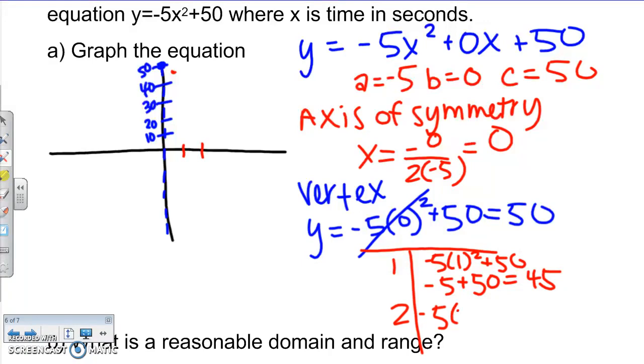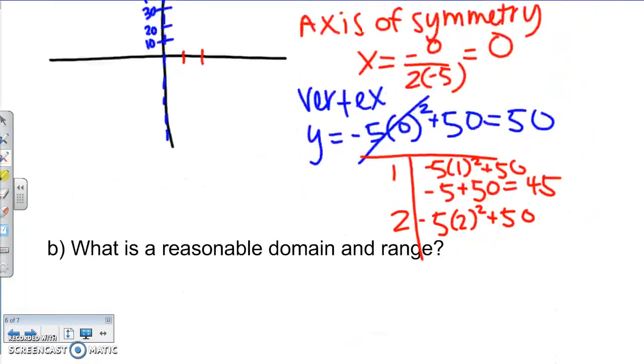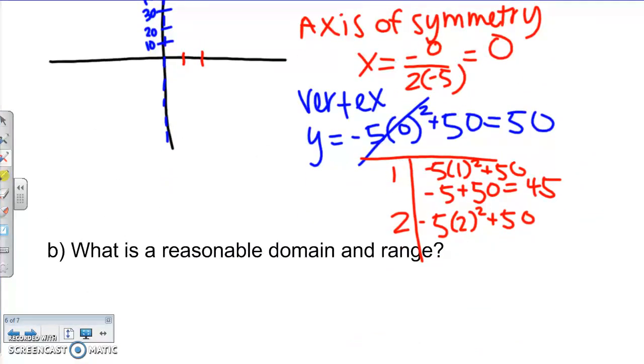And 2. That's going to be -20 plus 50. Oops. -5 times 4, -20, so that's going to be -30, which doesn't really make sense because this isn't going to fall to the underground here.